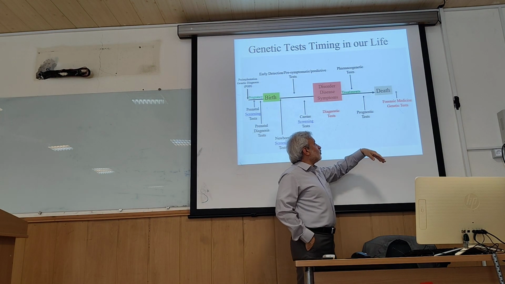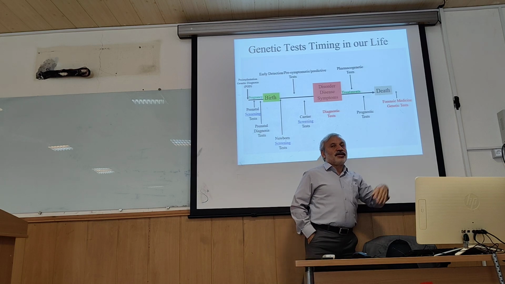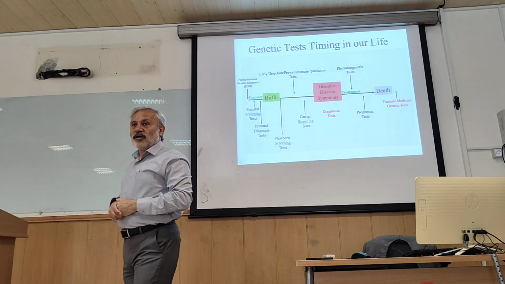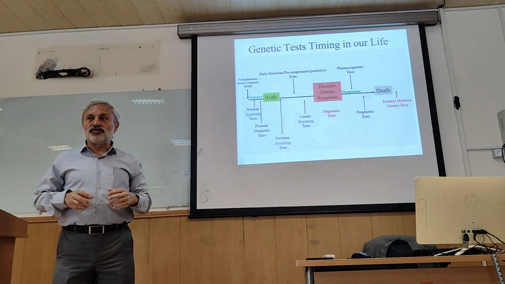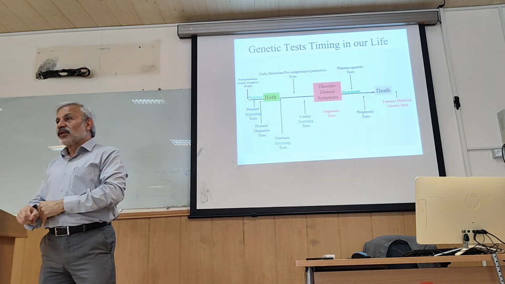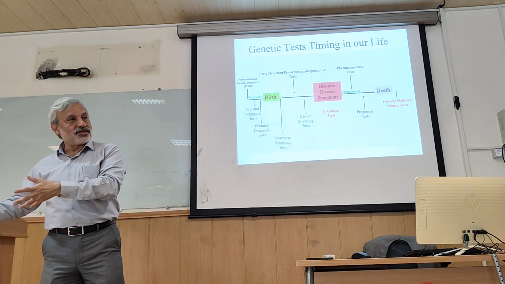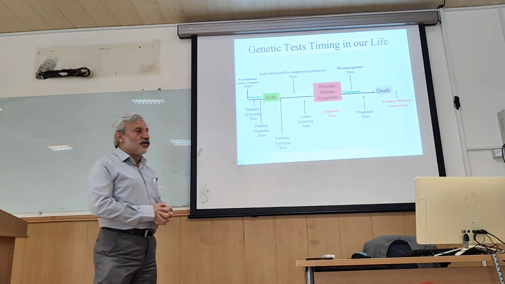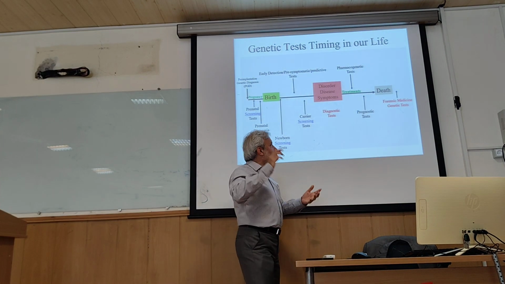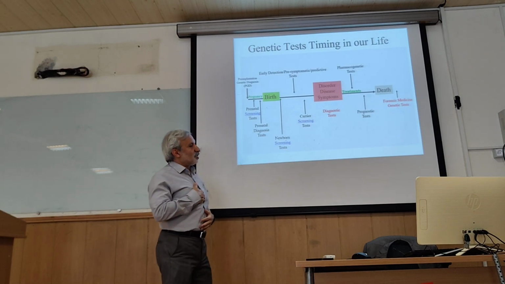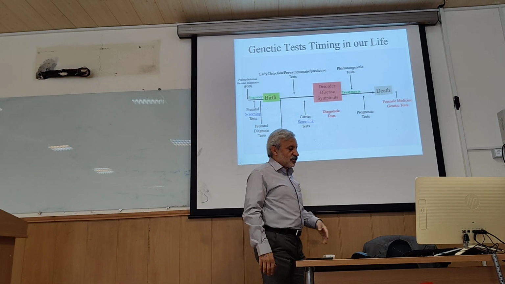And after death, we also have tests. Forensic medicine. Do you know forensic medicine? Yes. After death, they check the body to see what this body is, who the murderer is, where the body is coming from, and so on. So those are the different stages of genetic tests.